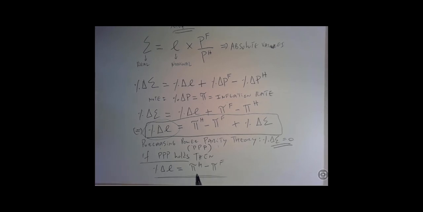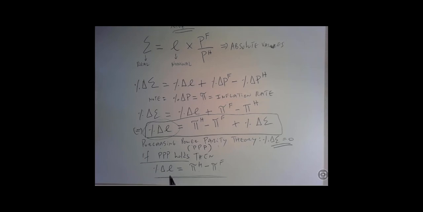What does that mean? This simple theory basically says that if the home inflation rate is greater than the foreign country inflation rate, then we should expect a positive change in the number of domestic currency we pay for a unit of foreign currency. Basically meaning that if our inflation is greater than the foreign country, then our currency is going to depreciate.